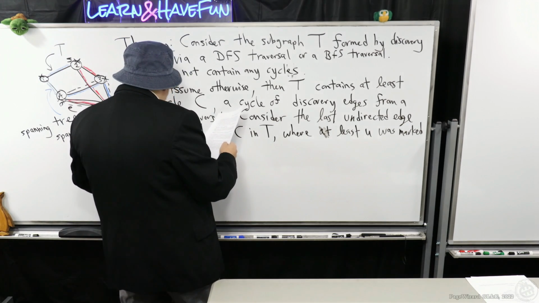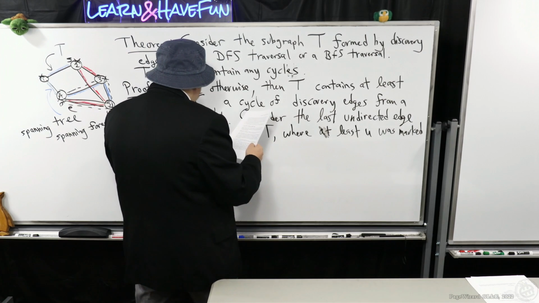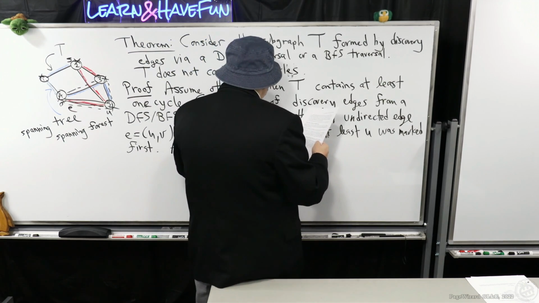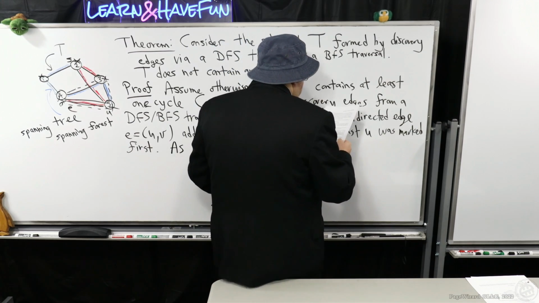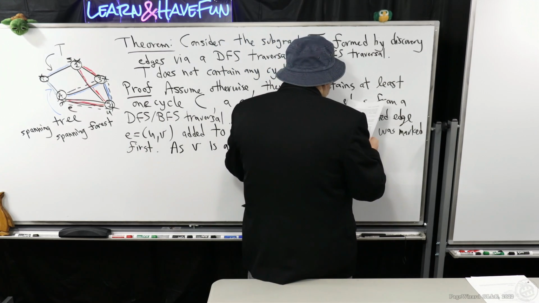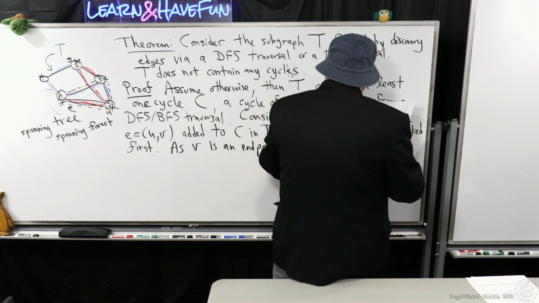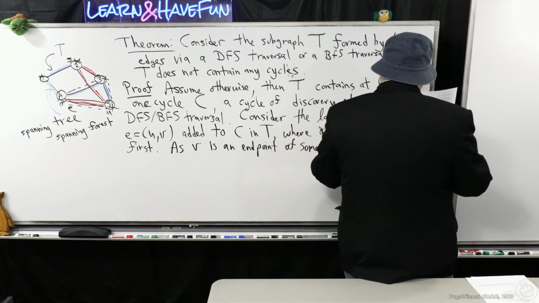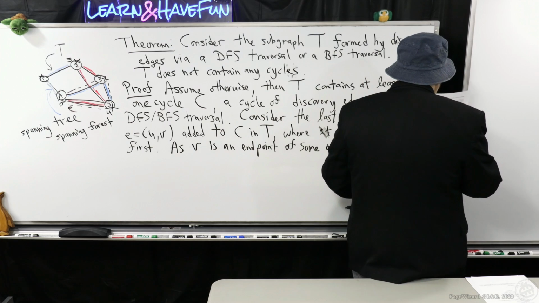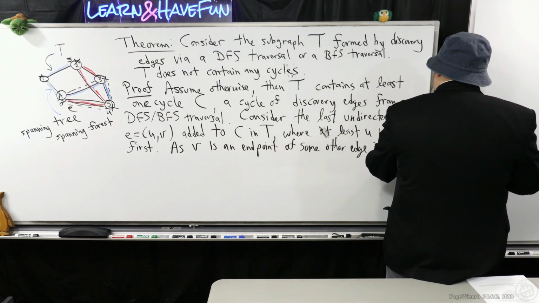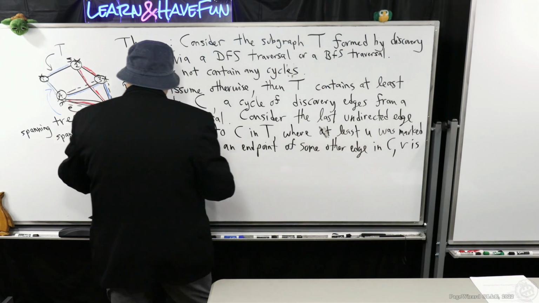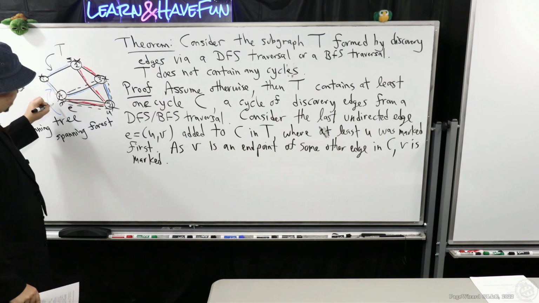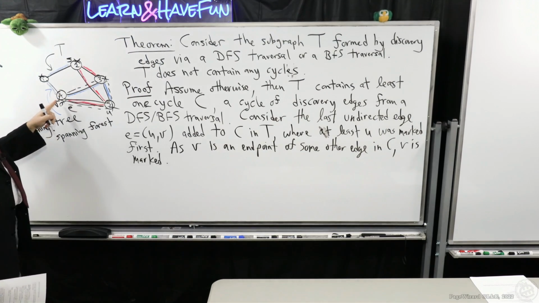So now, as V is an endpoint of some other edge in C, V is marked, right? So for example here, just to illustrate what I'm talking about, this would be V right here.